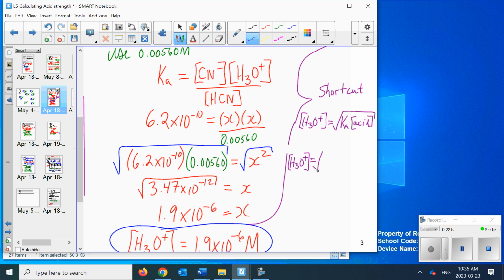The Ka value we looked up on Google, 6.2 times 10 to the minus 10, times 0.00560 M. You notice that's our last step, more or less? You just calculate it correctly and you get your answer.